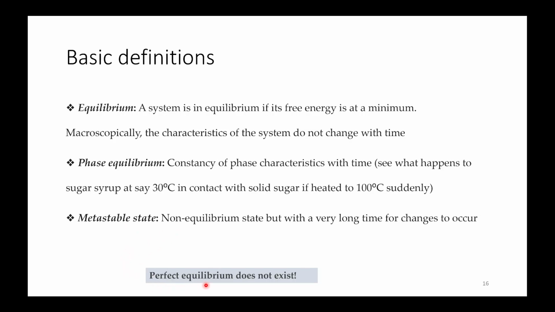Now perfect equilibrium does not exist, because for this you have to cool very slowly in the phase diagram, and those cooling rates are not easy to attain. That's why we mostly talk in terms of metastable systems.